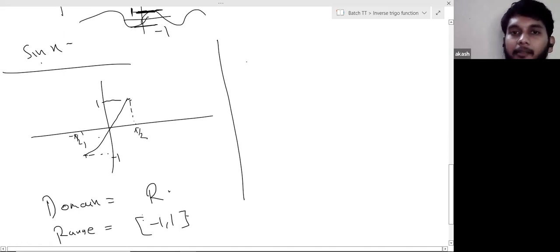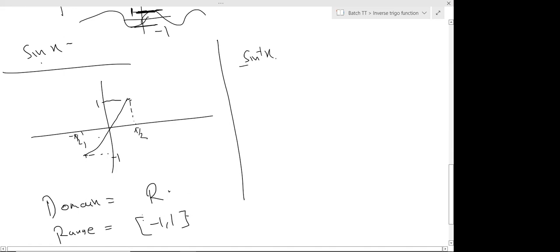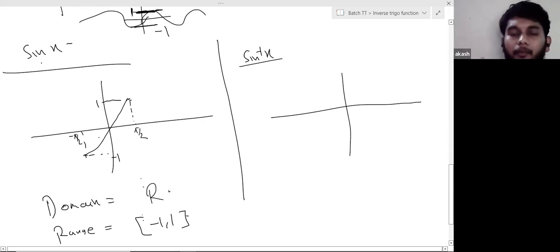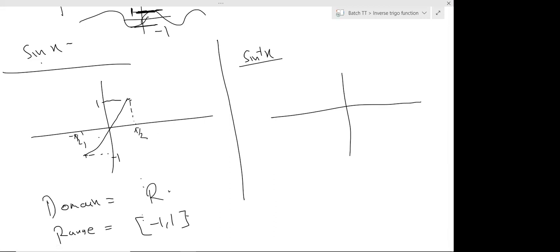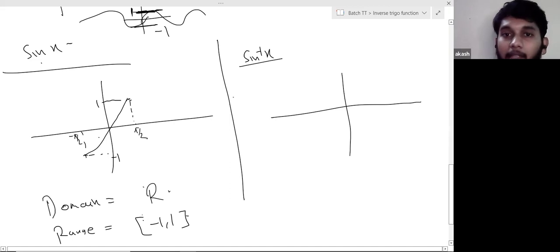Now for sine inverse x, the domain is all the real values. Whatever real value you can think of, you can put in sin x. But in the case of sine inverse, see how to draw the graph of sine inverse.